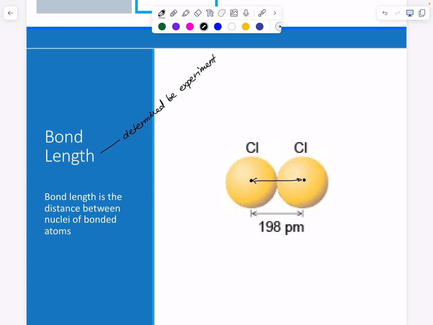When we determine something by experiment, we say it's empirically determined. The term empirical means we played around with the material in the real world, and this is what we figured out from it.